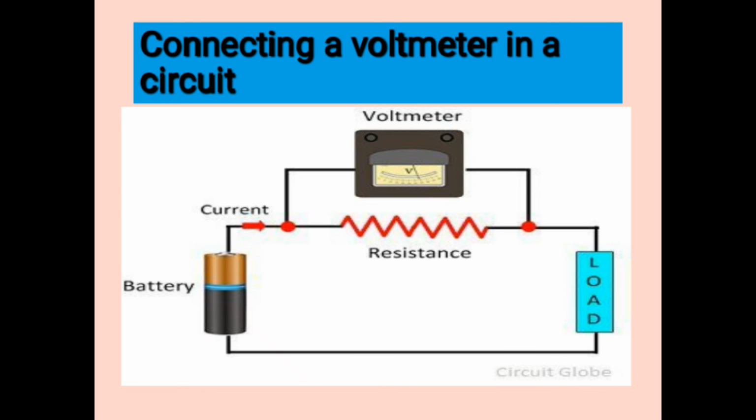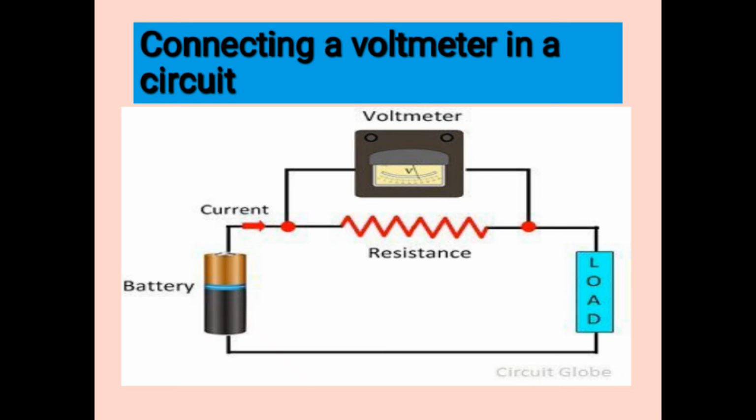Now, the most important thing that we need to take note of here is when it comes to connections. Basically, we know that there are two connections, that is series and parallel connection. We said in part 1 where we discussed electric current that an ammeter is connected in series. Now, when it comes to a voltmeter, it is connected in parallel to an electrical component.